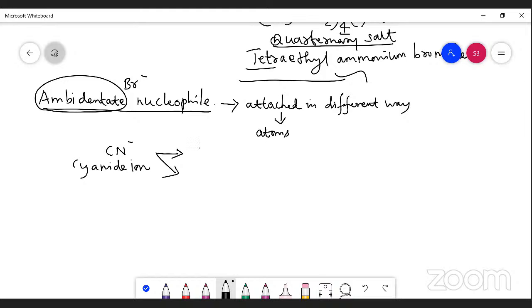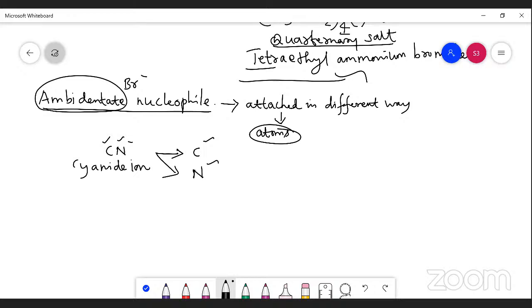One way C will be attached, another way N will be attached. What are C and N? These two different atoms. So if C has attached, one product; if N has attached, another product. This is called an ambident ligand. A ligand can be attached in different ways. What difference means? Atoms only differ.